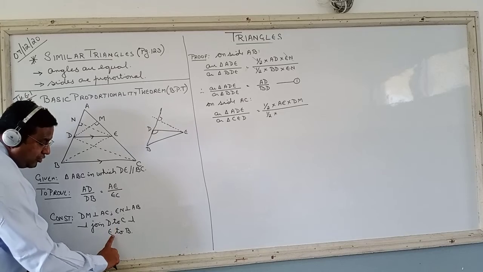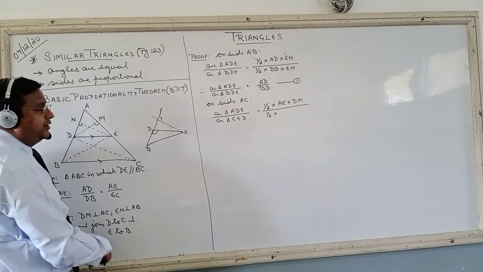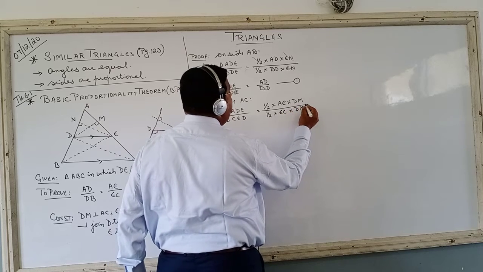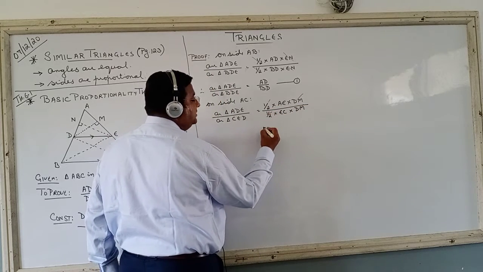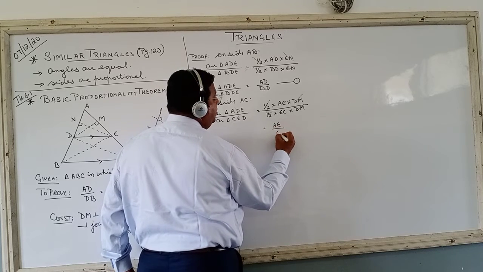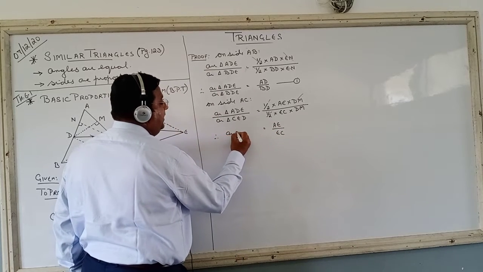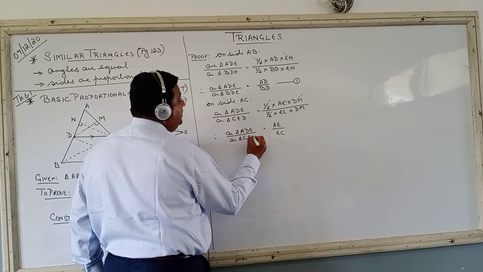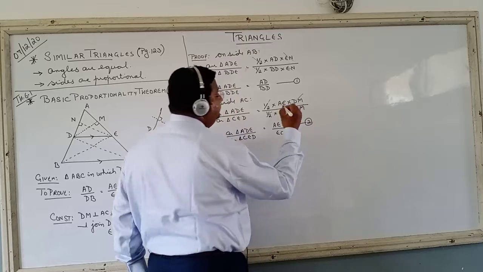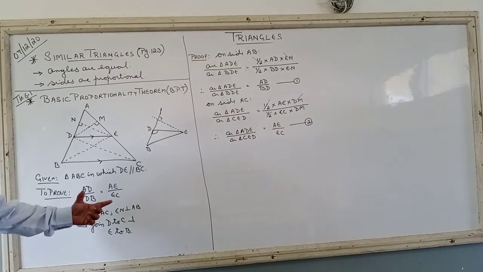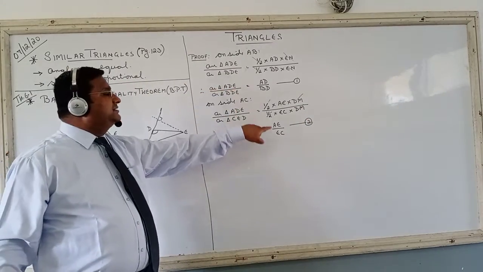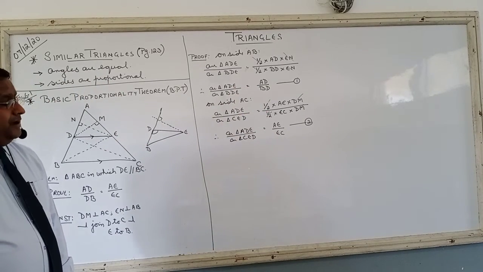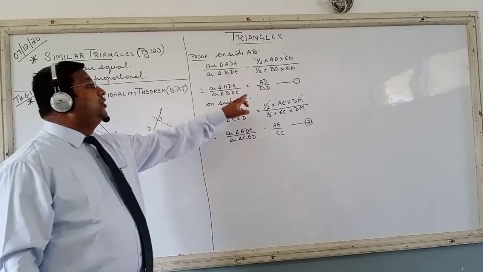DM is perpendicular on AC, sorry. So half into EC into DM. Again DM cancel, half cancel. What is left? AE upon EC. Area of triangle ADE upon area of triangle CED. Equation number 2. What was required we have on the right hand sides of the two equations, first and second. Clear?